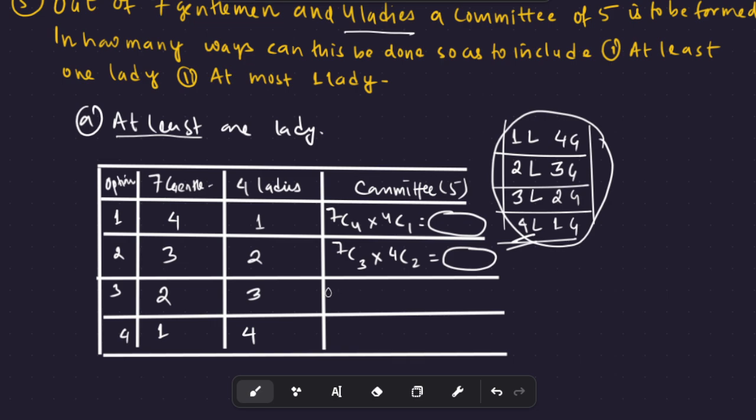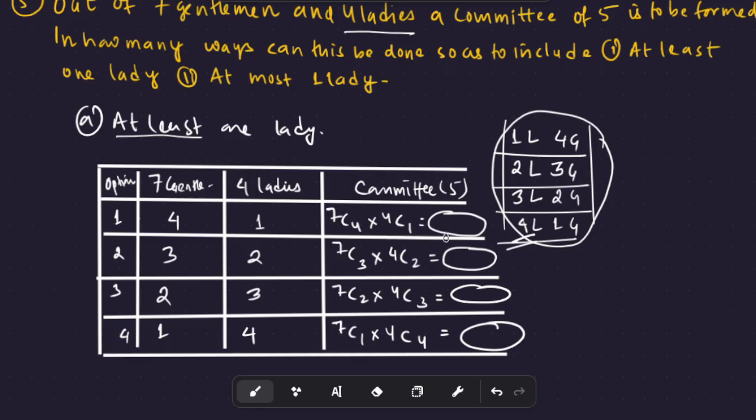Next, 7C2 times 4C3. Last, 7C1 times 4C4. These are the four options of formation of the committee.